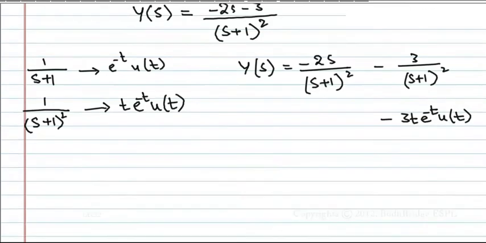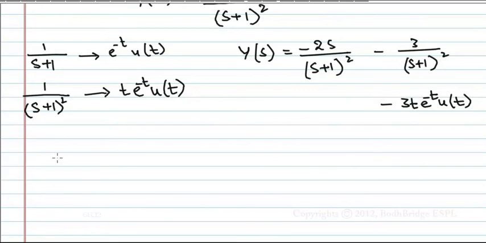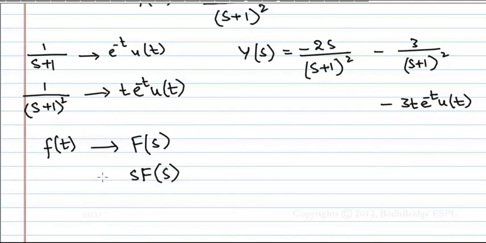For the second part, we should find the following. Let f of t have capital F of s as a Laplace transform pair. Then s F of s has inverse transform d by dt of f of t. Why am I saying this property?